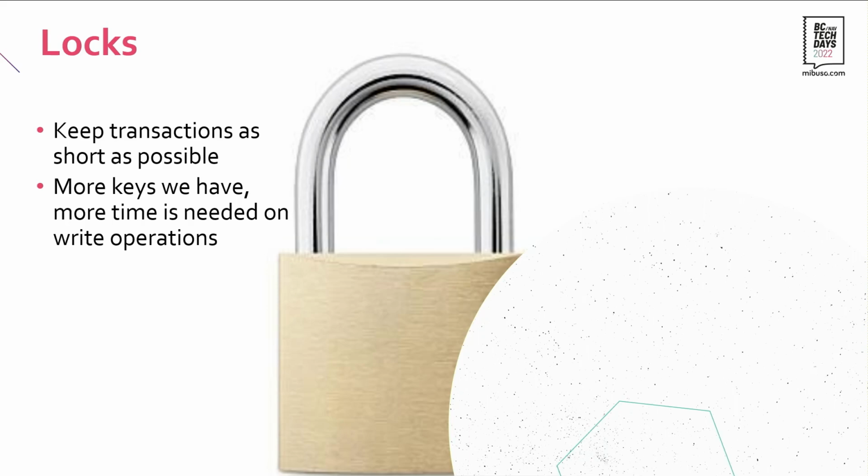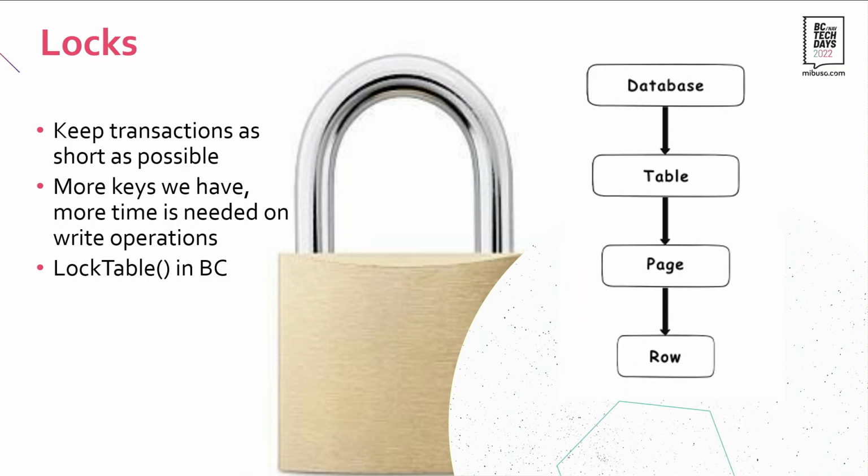In AL, there is a function called LockTable, which causes subsequent reading to lock the table or parts of it. SQL Server is the one who will decide whether we lock the whole table or only a row. A row lock is the lowest level of granularity of locking possible, meaning one or more specific rows will be locked in the table, and all other data would be free to use.